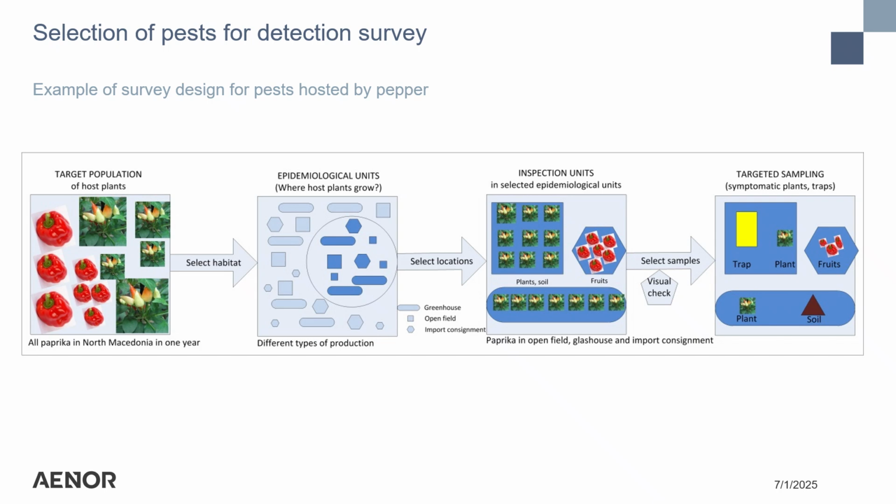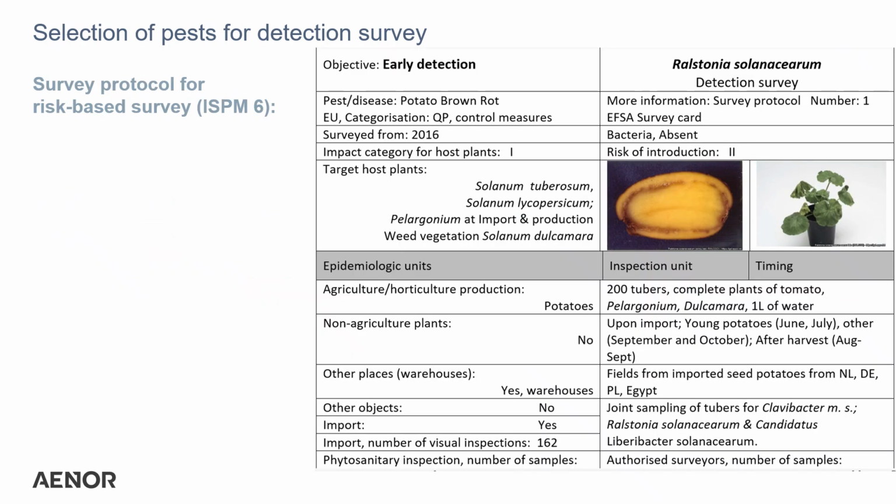This phase is prepared at the National Plant Protection Organization's headquarters, with the assistance of scientific and technical support at institutes or universities where the risk assessors work. For the field surveyors, we need to prepare practical instructions from the protocol so that they are able to organize field surveys at the appropriate time and place, and know the scope of visual examination and the number of samples that should be taken.